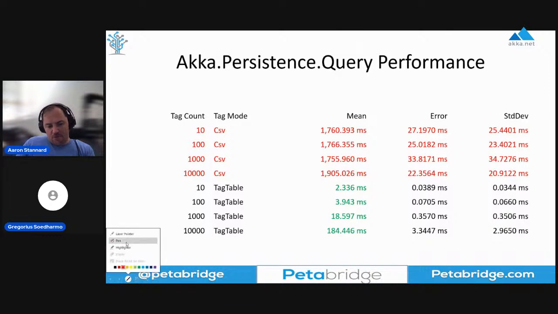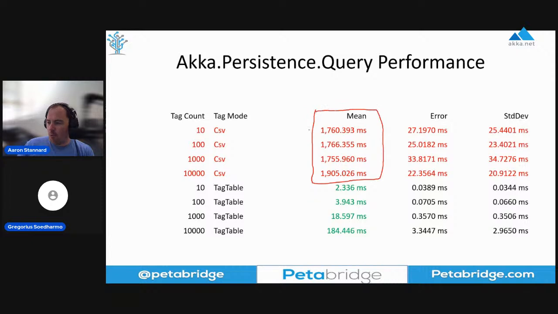Okay. So let's go ahead and take a look at the numbers real quick. So we're starting with 1 million items for each of these. So if I grab my pen, you'll notice that all these queries take roughly 1.7 seconds to execute using Akka.Persistence.Sql server using the CSV, comma separated value. The way we stored tags in these older persistence plugins was basically every row, which represented one event in the event journal, would have a text field that had comma separated values for tags.